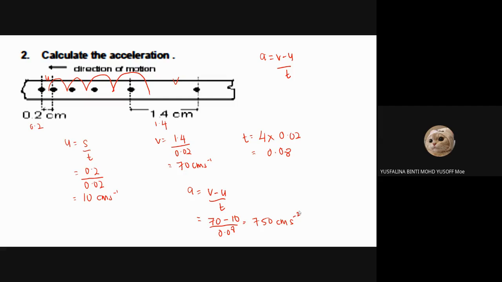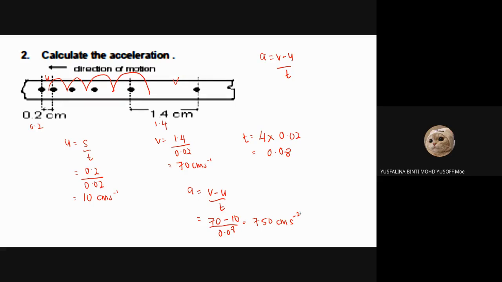If you want to copy it down first, so we cannot just count the tick. For acceleration, if you want to find the acceleration, you have to find the t, the time interval. The time interval, you cannot count the tick. You have to jump.